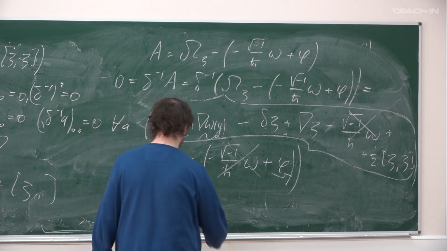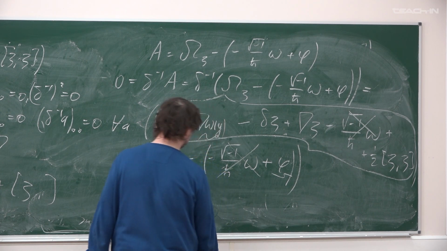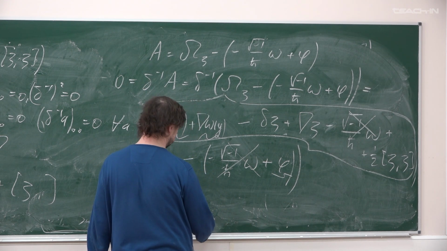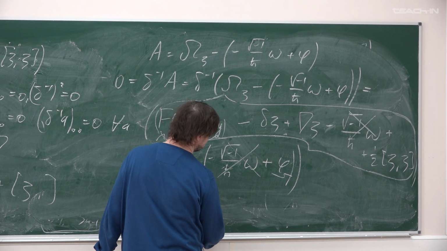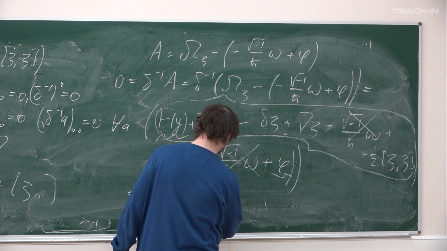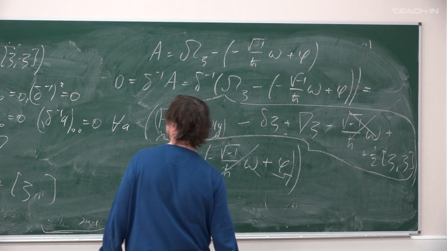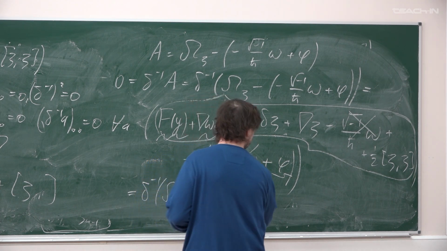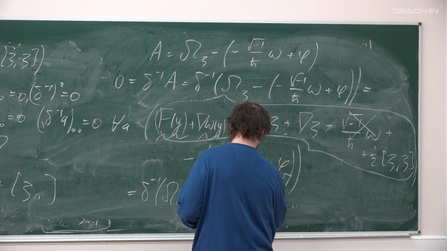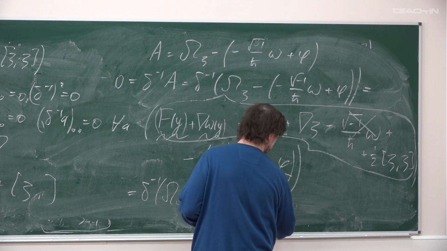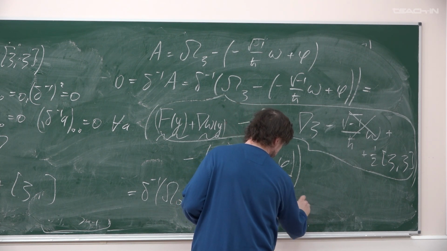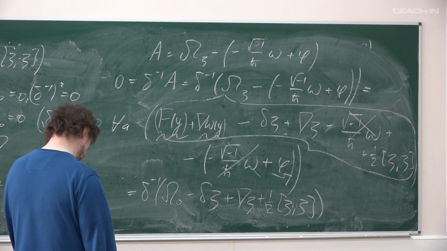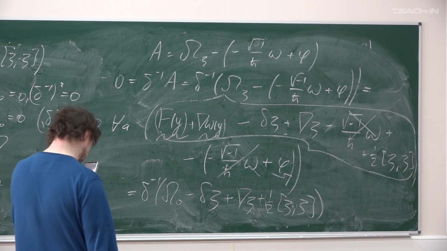And what we get is this formula: delta minus first omega 0 minus delta zeta, plus nabla zeta plus 1/2 commutator of zeta and zeta. Nice. Up to the sign, as usual, but I think this time the signs are correct.